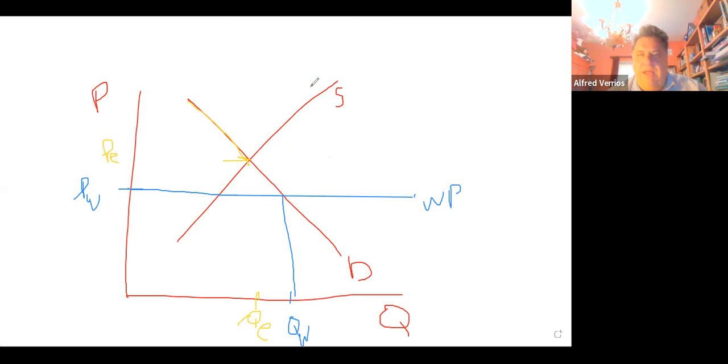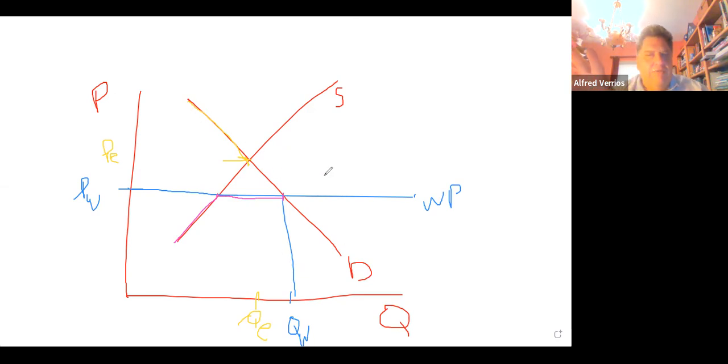In other words, the supply curve then looks like this. The supply curve will be domestic up to this point, and after this point it will be the world price, and it will sell as much as we can sell in that market, in other words, along the demand curve of that market.